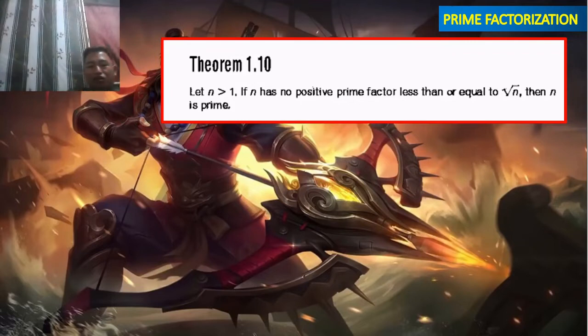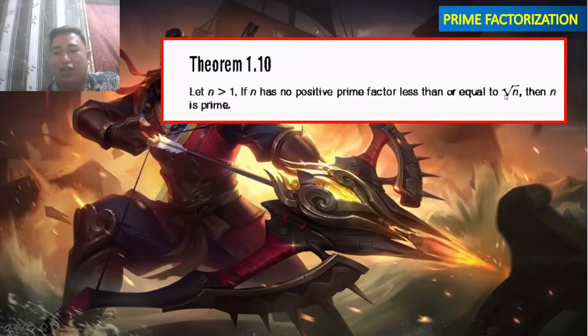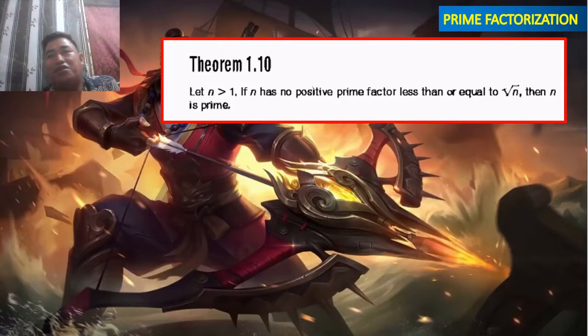Okay, i-try nato class si 2. Square root ni 2 class, 1 point something. So, wala tay positive prime factor anang 1 point something. Wala mo divide niya. Again, another example, 13.